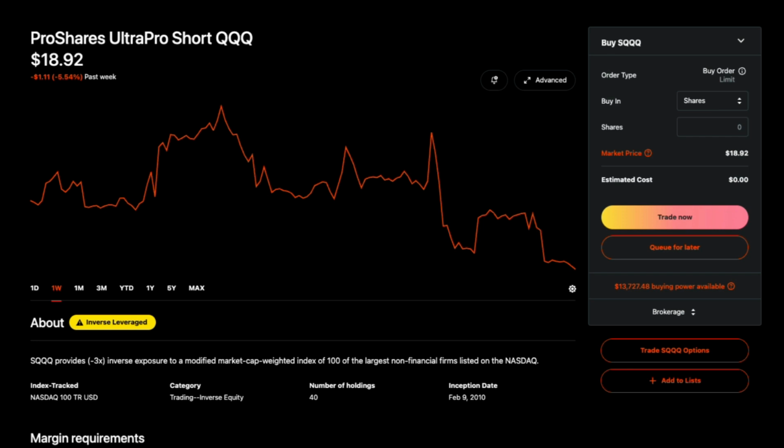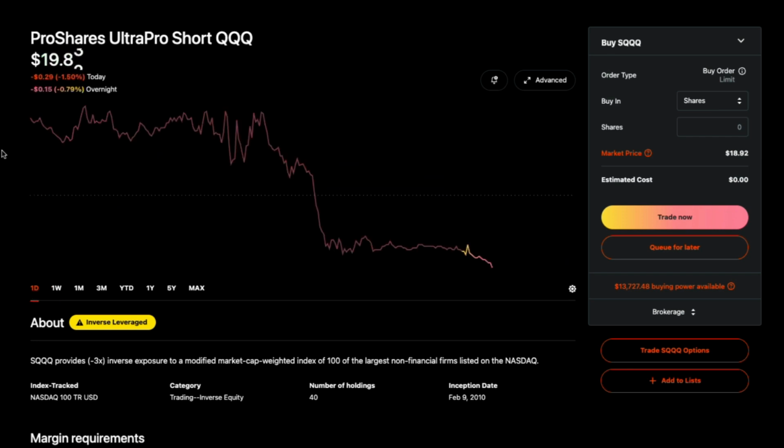So if the market goes up, if the tech sector moves higher, then this goes down, right? Today the market was higher, so it went down. However, if the market goes down, especially the tech sector, this is going to go up, right? So that is another way you can play the downside of the market.